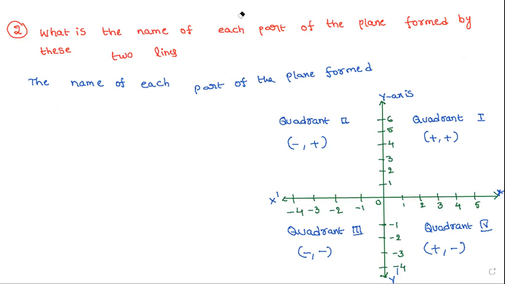Each part is called a quadrant. The names are quadrant 1, quadrant 2, quadrant 3, quadrant 4. Okay? Write down.